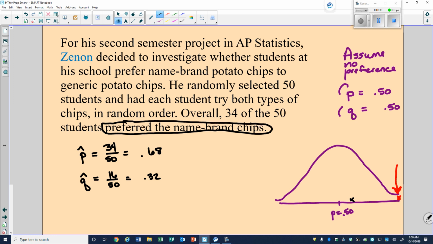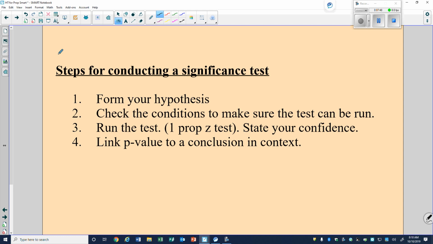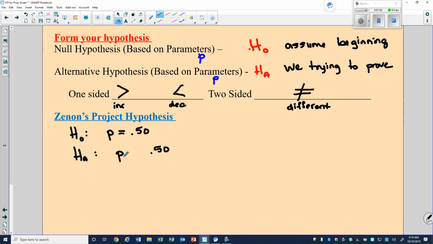And we got the result of 68%, which I feel like is quite a bit higher than 50%. So what I want to do with this result is I want to try to prove that this is actually bigger than 50% and I actually have a preference for name brand potato chips.